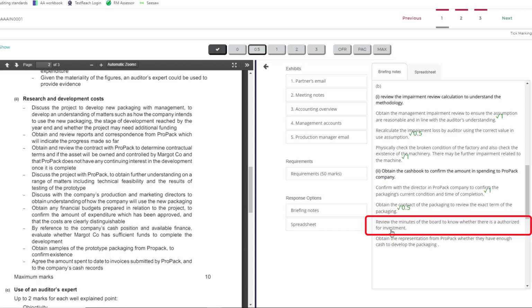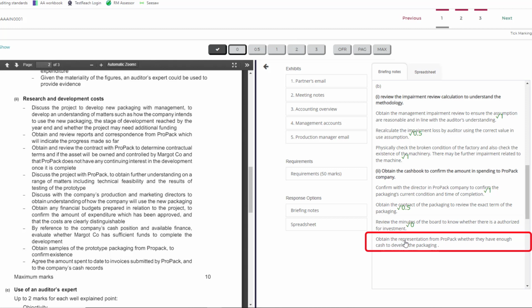It would show a control weakness, but that's not really that relevant here. So nice try to get an extra mark by suggesting a board minute review, but they'd have to find something more relevant that is being discussed, something judgmental, perhaps about the condition of the packaging or time or funding to complete the project, something like that, but not around authorising the expenditure that's already happened. So I'm not giving that any marks.